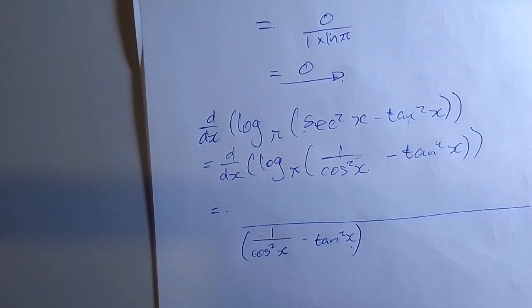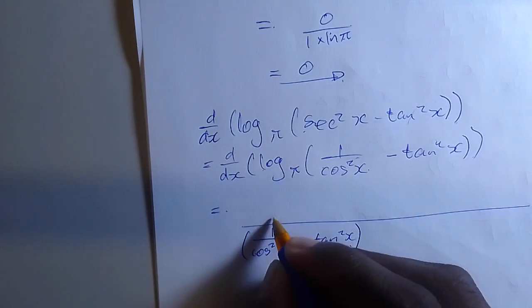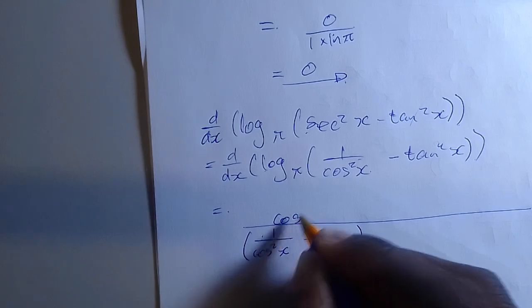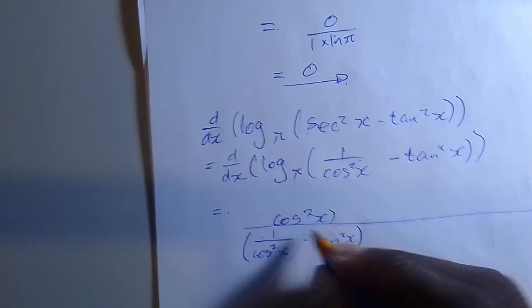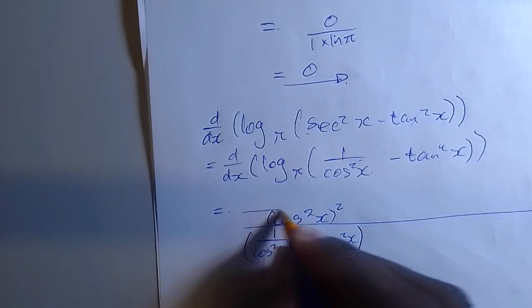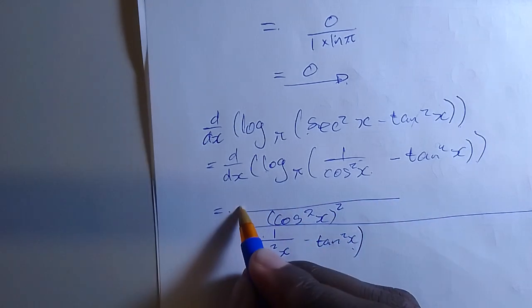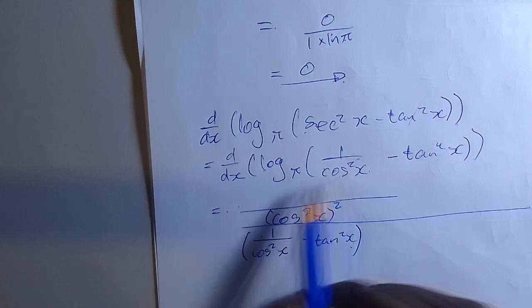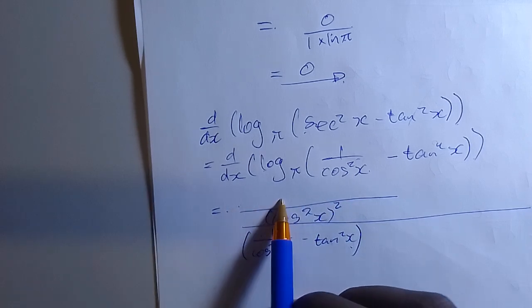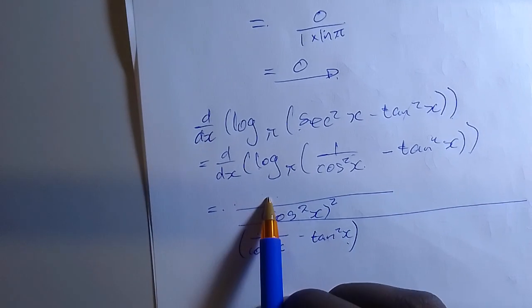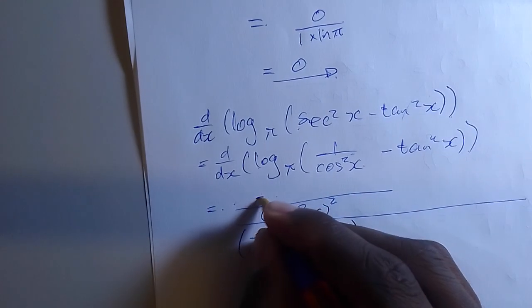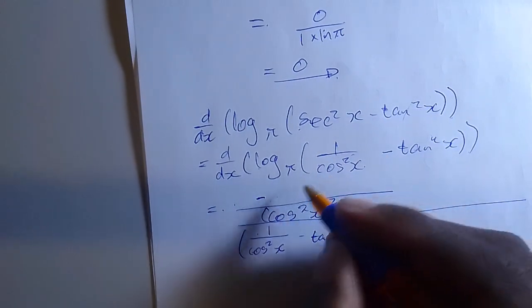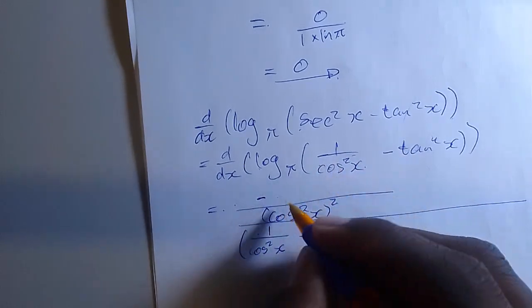I will link to the quotient rule on the top corner of the video. So for the quotient rule, you have cos squared x all squared on your denominator, and then here you have the denominator cos squared x times the derivative of the top, which is 0, so it goes away, minus 1 times the derivative of the denominator.